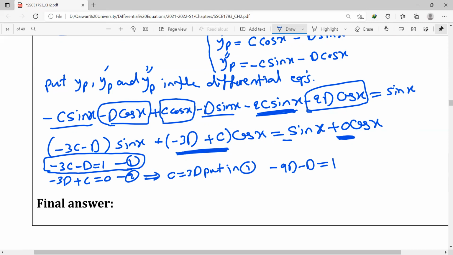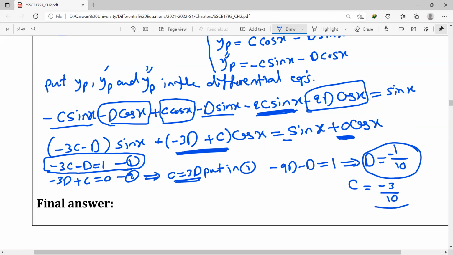So from this, d equals minus 1 over 10. This is d. How about c? We said c is 3 times d. So c equals minus 3 over 10.